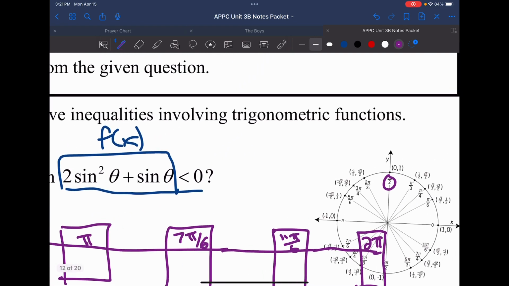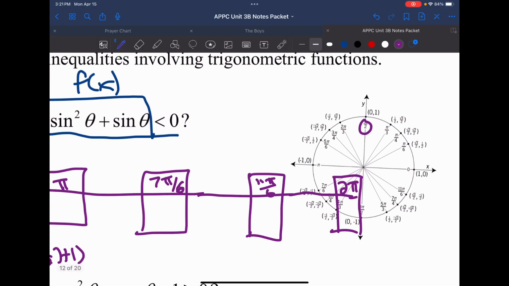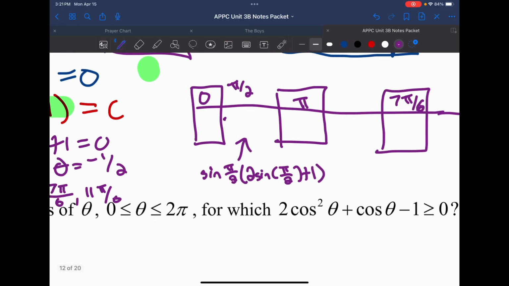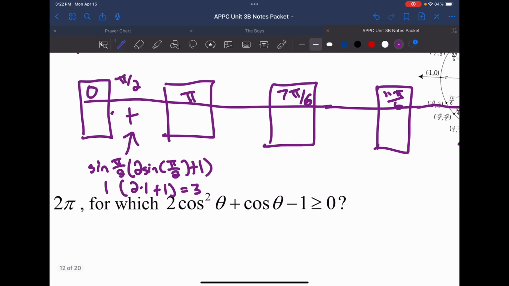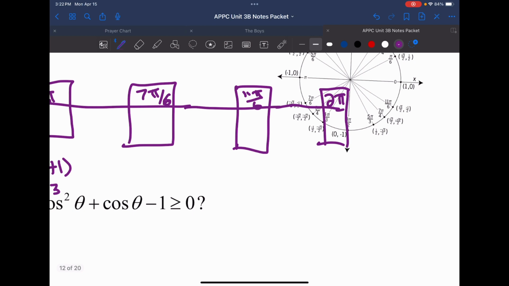Sine of pi over 2 is 1. So 1 times 2 times 1 plus 1 gives me 3. So that's a positive here. And remember, you're checking positive and negative. And then I've got to check between pi over 6, pi, and negative pi over 6.